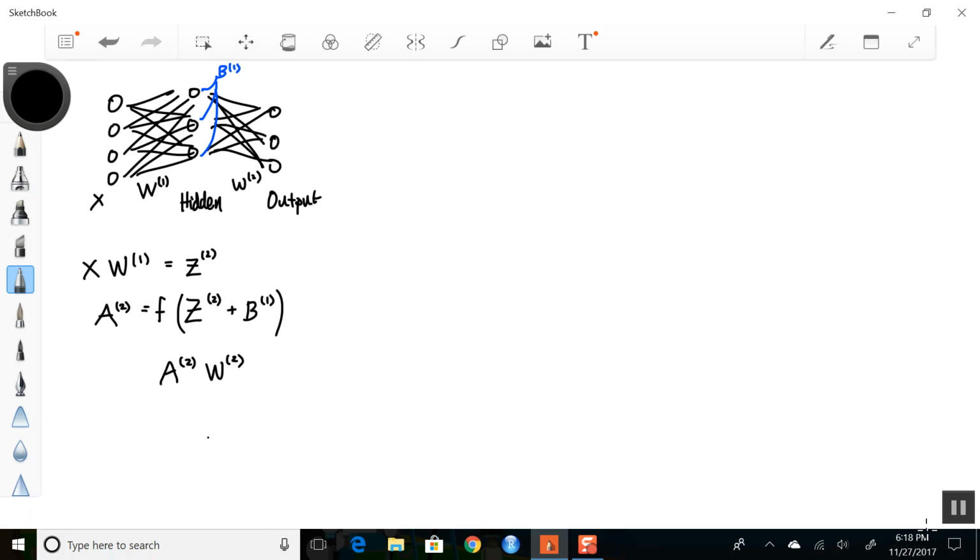Then we will multiply those by our second weight matrix. These will be the inputs here.